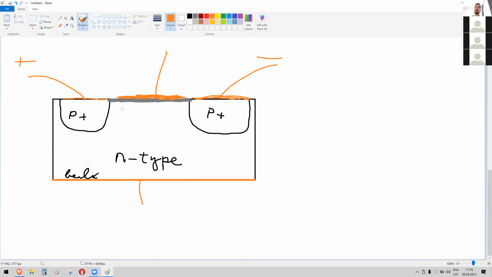So to push away electrons, we now need to put negative polarity here and positive polarity here, the other way around again. So electrons don't like negative polarity, but they love plus, they love positive polarity.